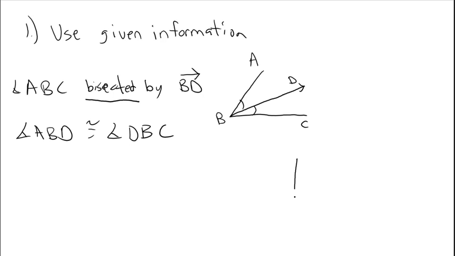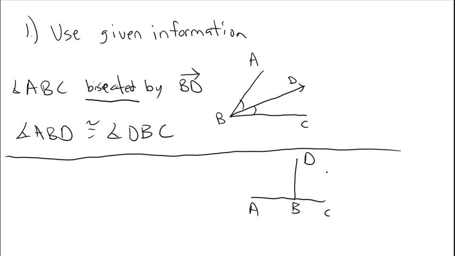So if it said, let's call this A, B, C, D, and let's say in this example that line AC is perpendicular to ray BD. We'll assume these go on forever in these directions.